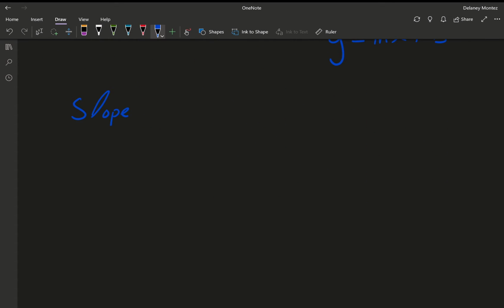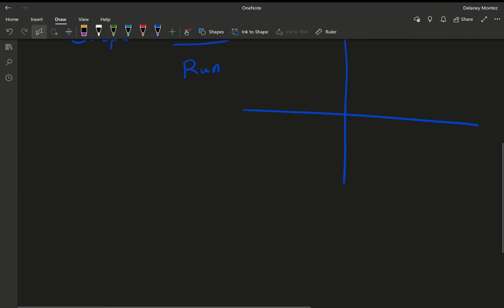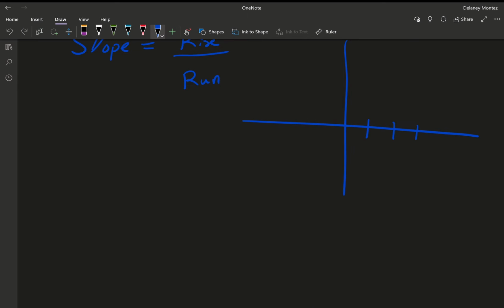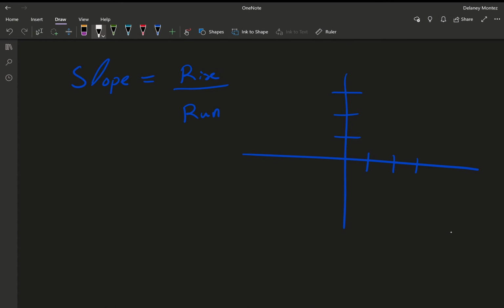Slope is just rise over run. So if we have a line like this, something like this, and let's say we go through here.